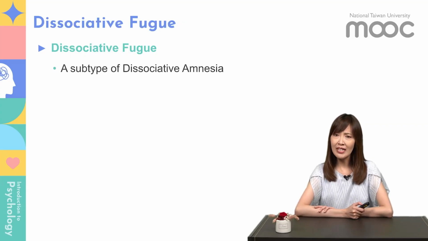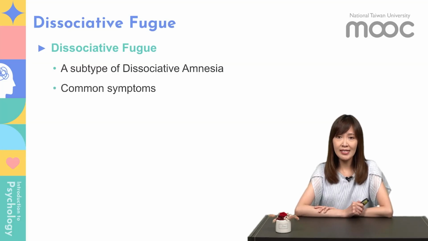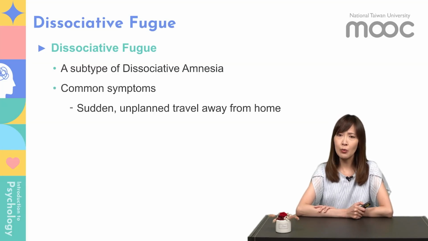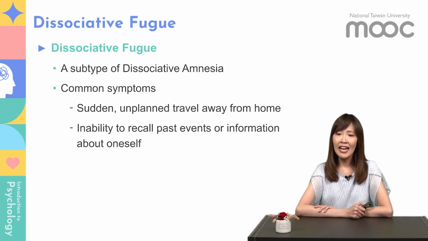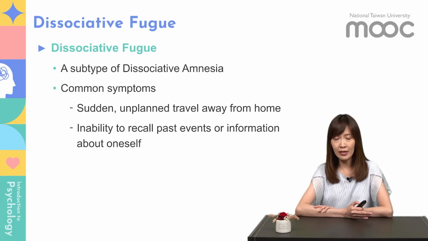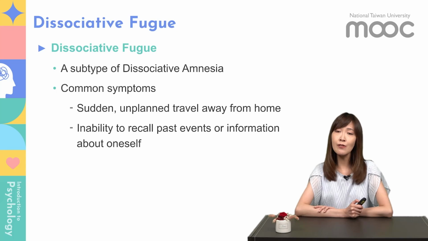Well, it's a rare disorder, and it's a subtype of dissociative amnesia. People with this disorder may travel away from home, leave their past life. They may start a new life, they may go to another city, and they don't remember who they are, and they don't remember where they were from. So that's dissociative fugue.